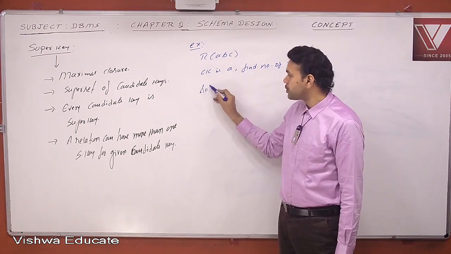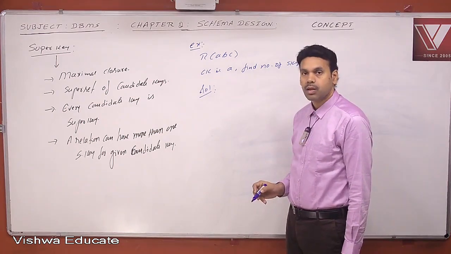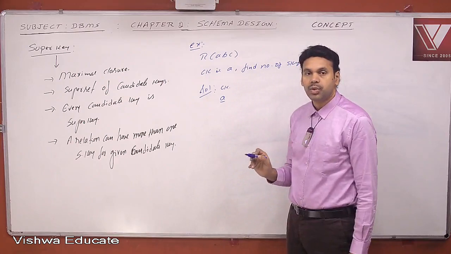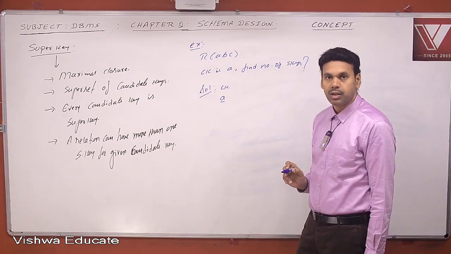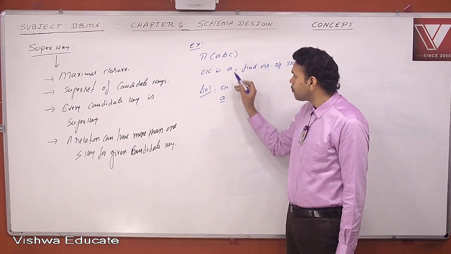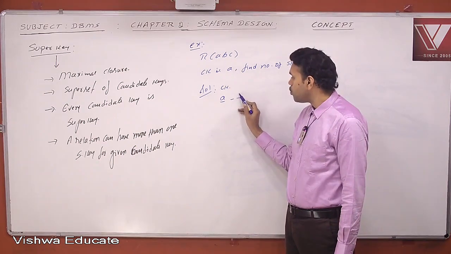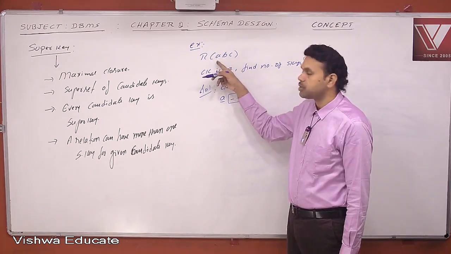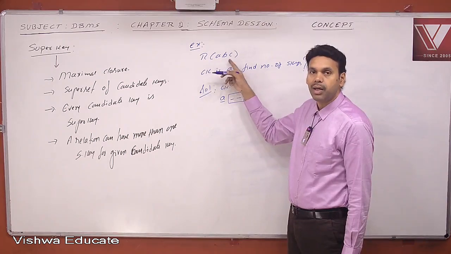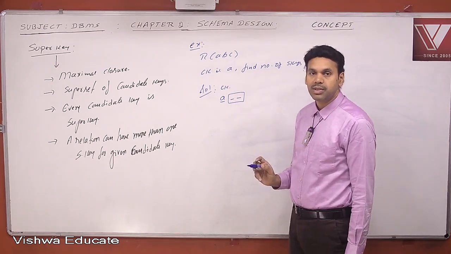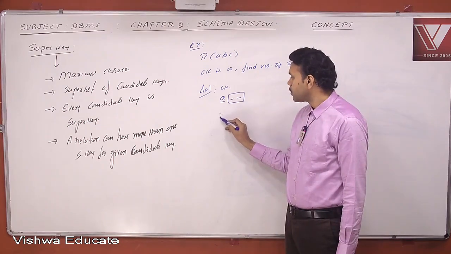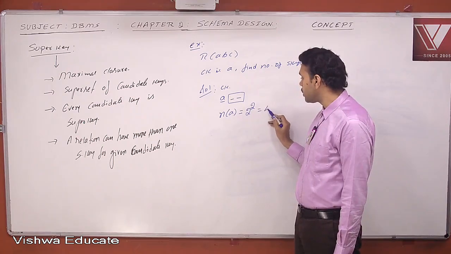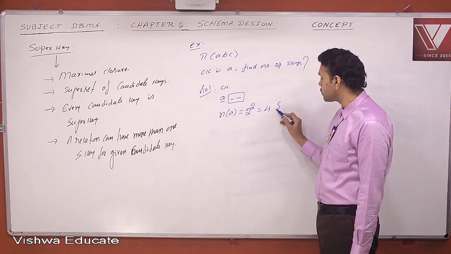The solution for this: this A is a candidate key. As I told you, every candidate key is a super key. Now tell me, this A has how many combinations with your relation R? Two combinations, because I know A as a candidate key, I can make the manipulation with the other two attributes, B and C. So the number of super keys is 2 raised to 2, and the answer is 4 super keys.